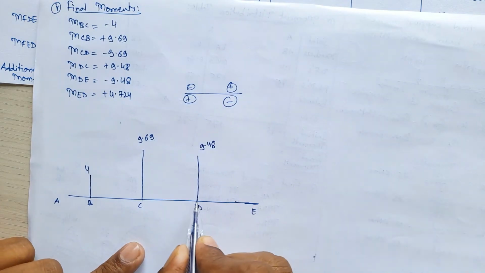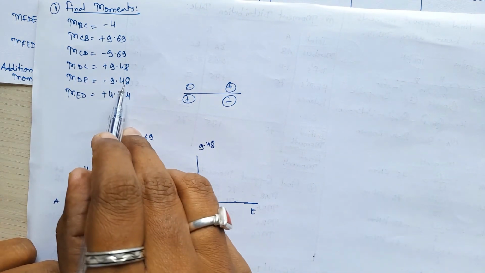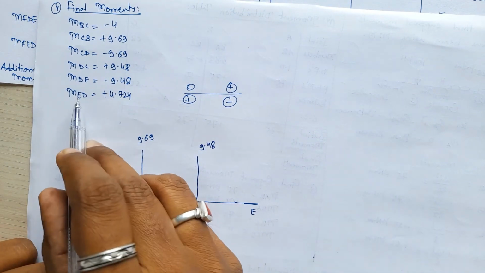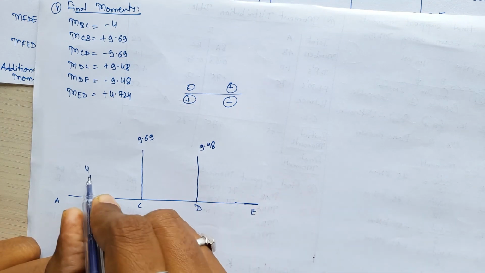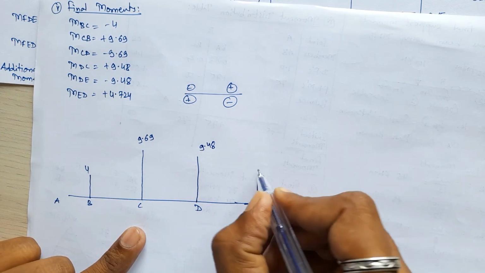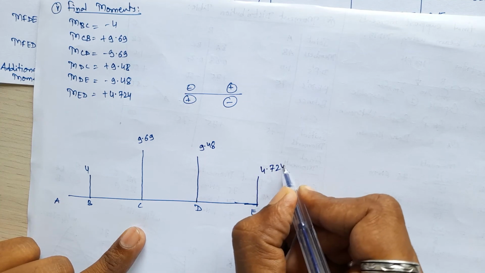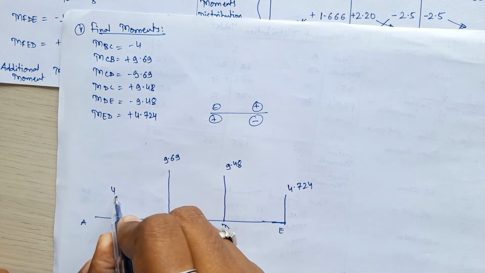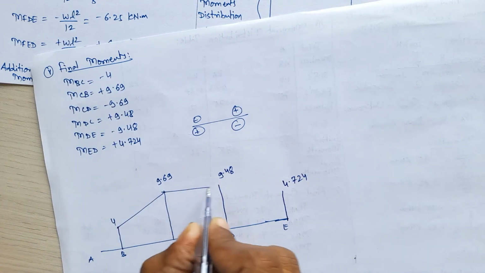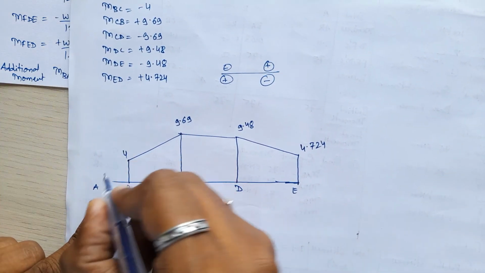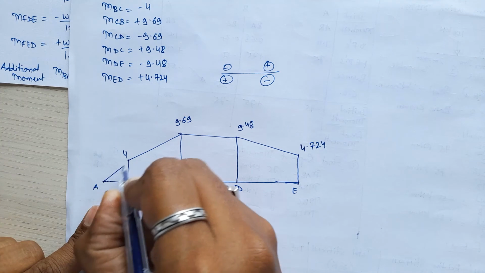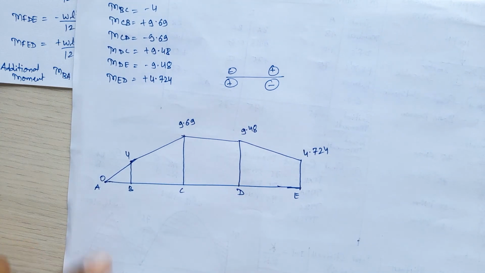Now MDE, minus 9.48, already it is done, and last is MED 4.724, positive, so greater than this 4 it will be 4.724. Okay, and what you have to do is just join these lines by a straight line, and for the overhanging portion, that will remain equal to 0. Okay, this will be my support moments.